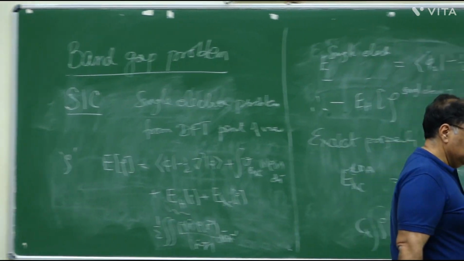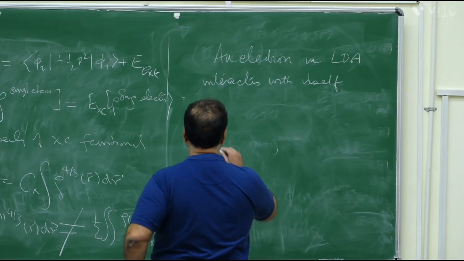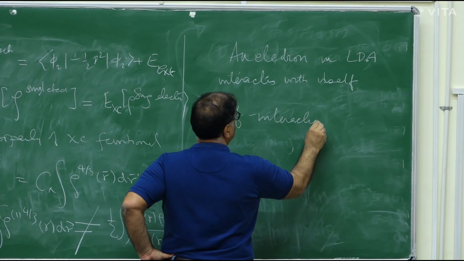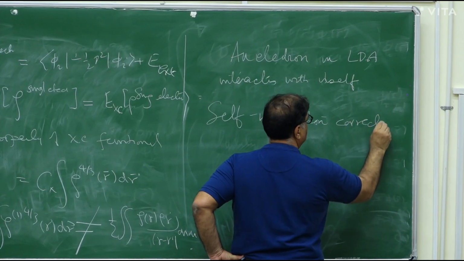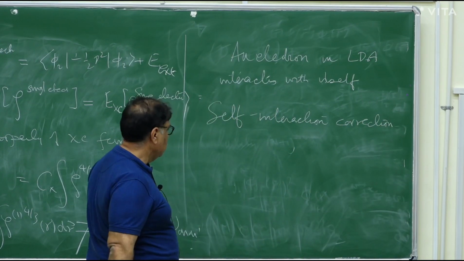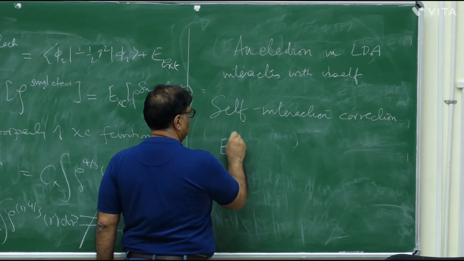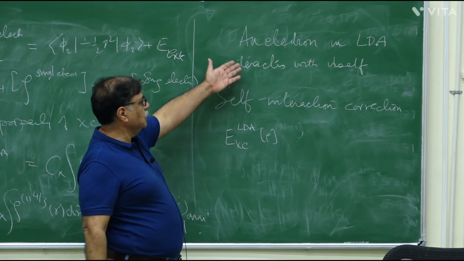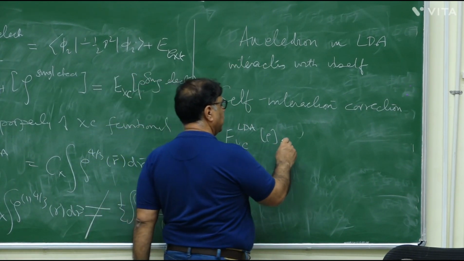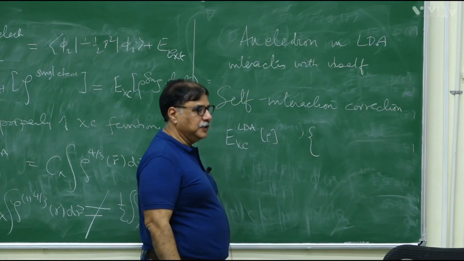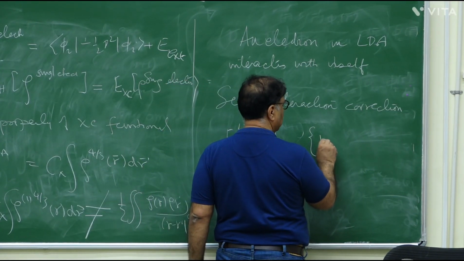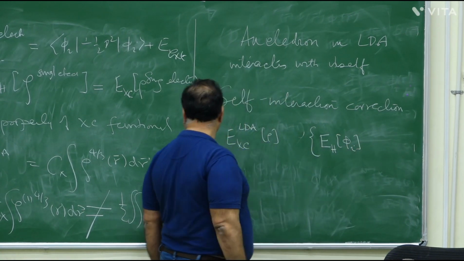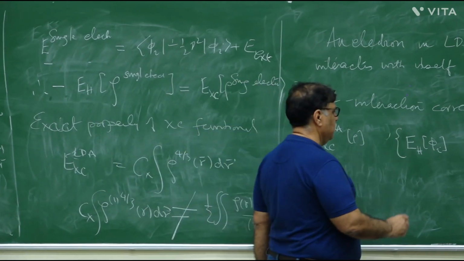Right, so one makes a self-interaction correction. What one does, if I have an E XC LDA, this I know overall is going to have self-interaction. So you take each orbital and calculate self-interaction. For each orbital, you calculate E Hartree of rho phi I according to that formula.